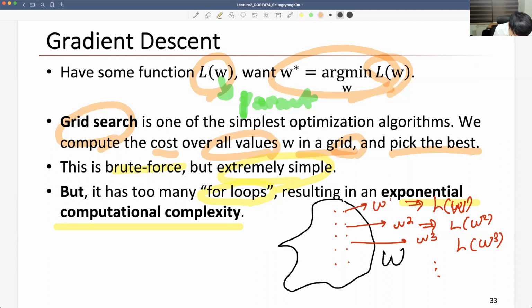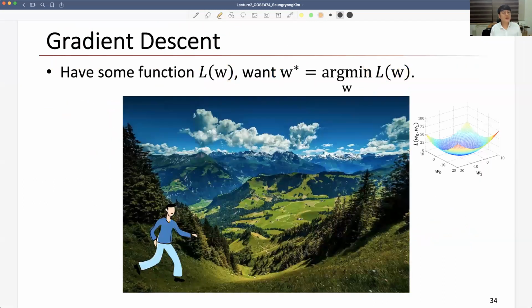It will be the gradient descent, the most popular method to find the optimal learnable parameter W. We will talk about this next time on Wednesday.